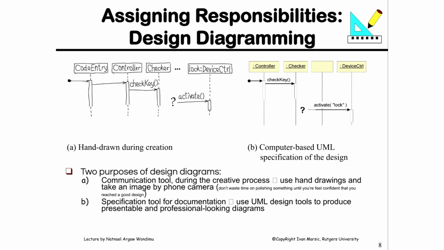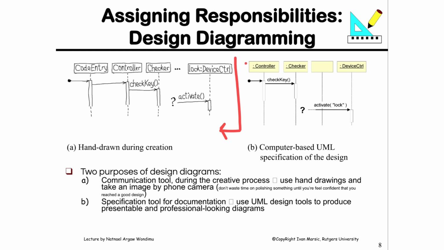The first one is hand-drawn design, and the second one is computer-based Unified Modeling Language specification of the design. The one you see to the left of this screen is supposedly created by hand manually.